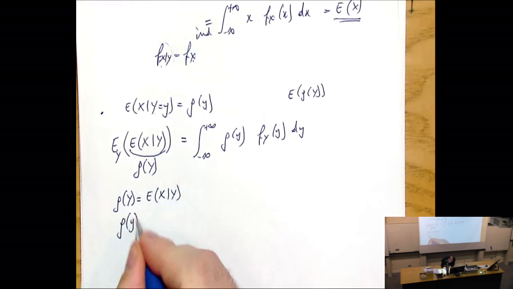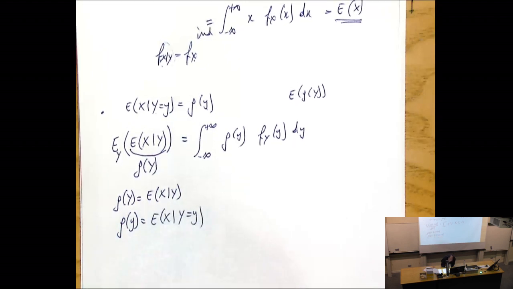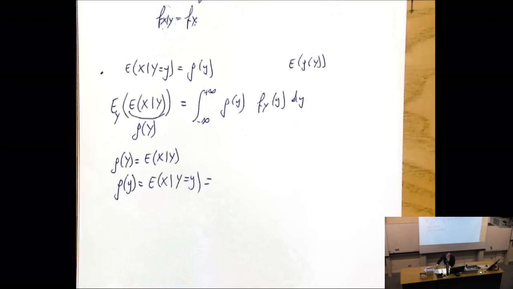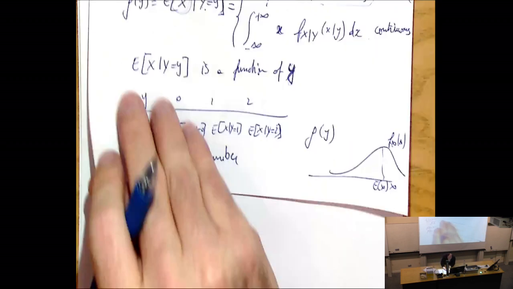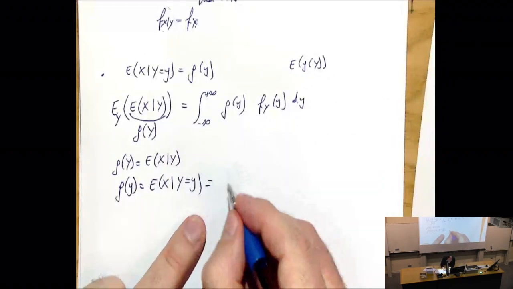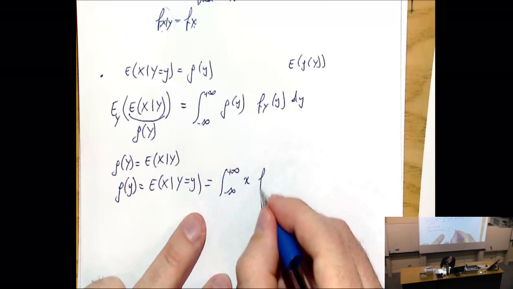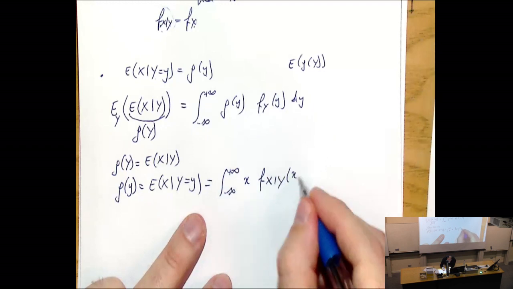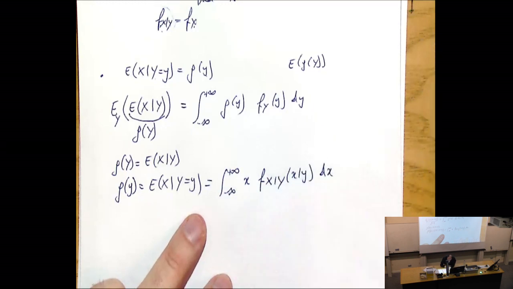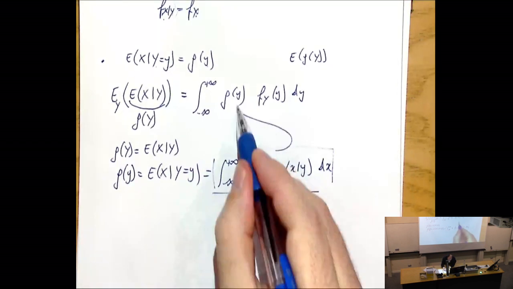So g evaluated at small y is the expectation of x given Y equal to small y. And again, I have my definition from earlier: this is the integral between minus infinity and plus infinity of x multiplied by the conditional probability density function of x given y, dx. So I can take this and plug it in here.